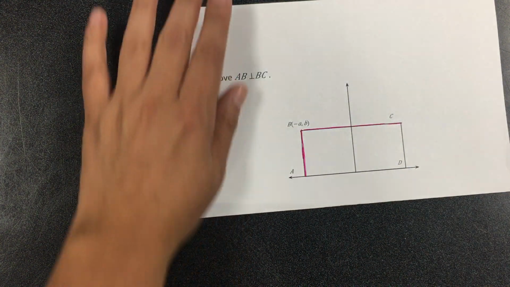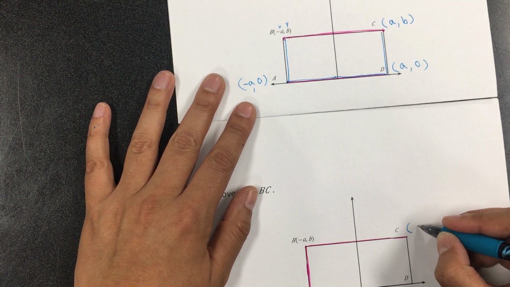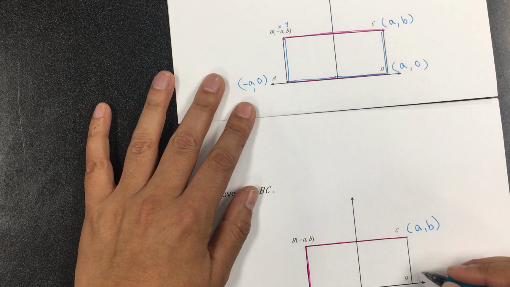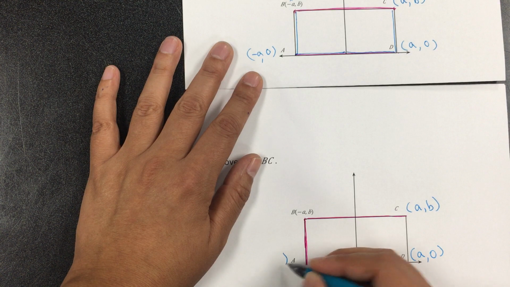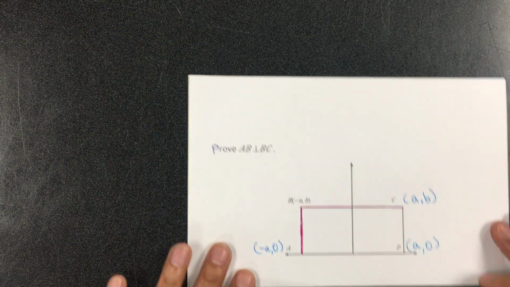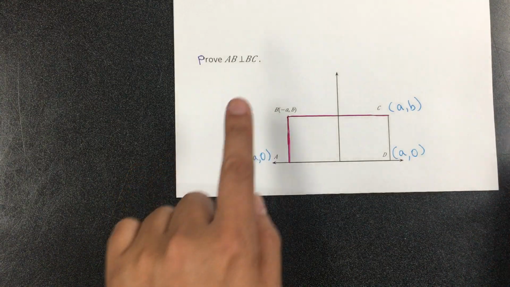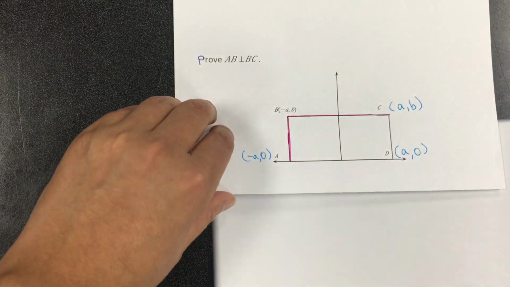I'm just going to copy the coordinates because it's the exact same figure. So AB, D is a, 0, and A is negative a, 0. Okay? And so, how do we know that two lines are perpendicular to each other?